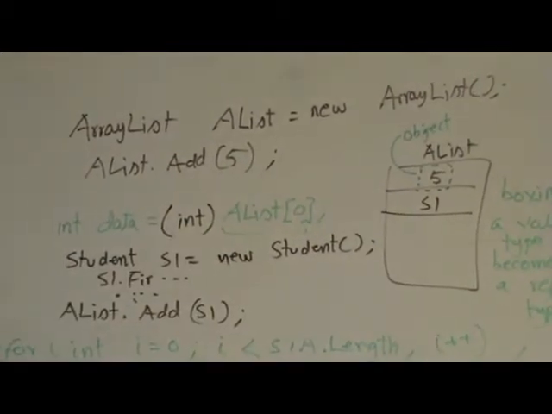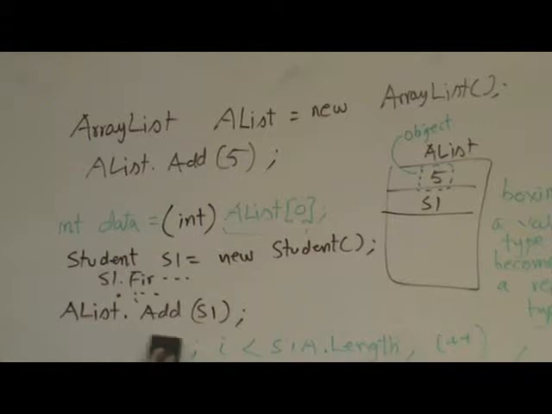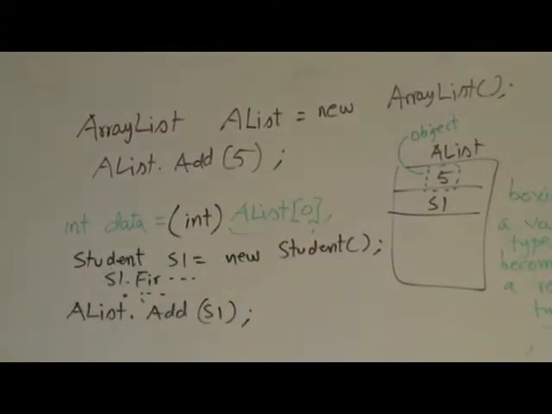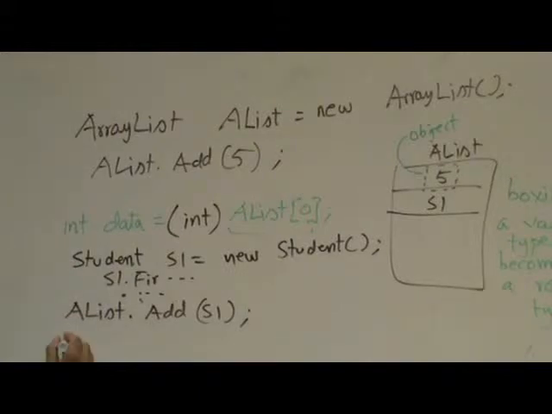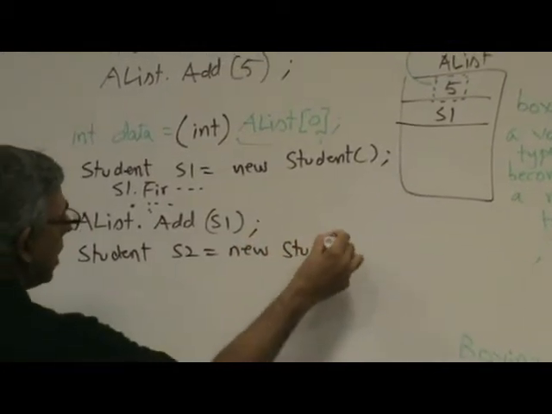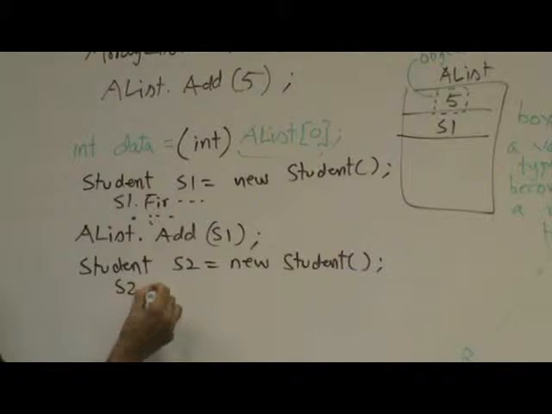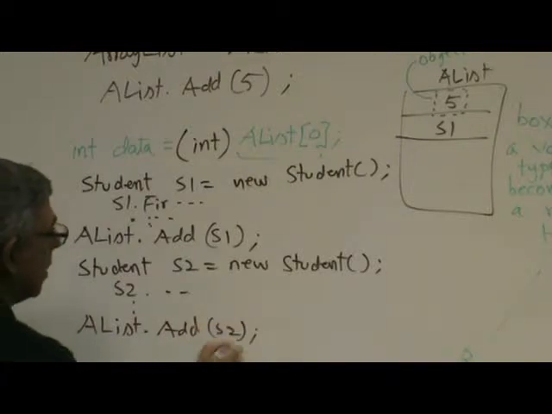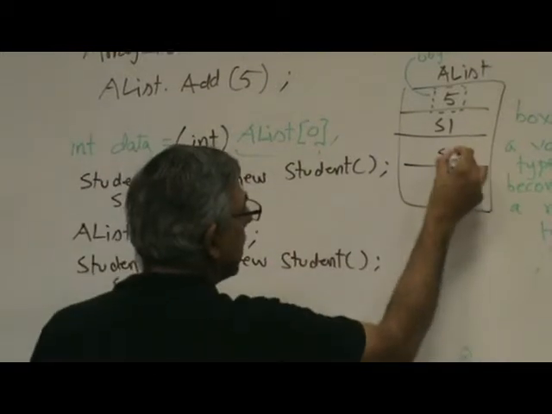Very similarly, suppose we create another student, Student S2 equal to new Student, and initialize some data in S2, and then a list dot add S2. So S2 also gets added over here.